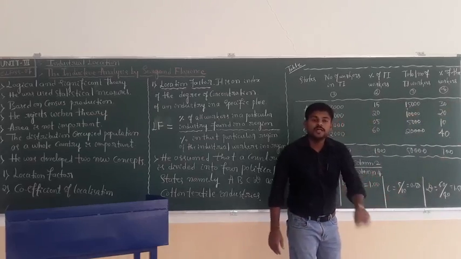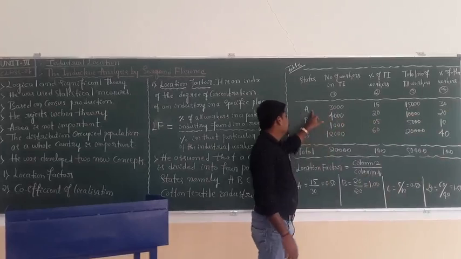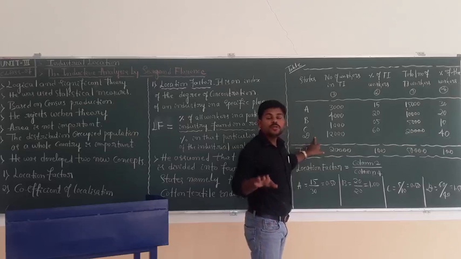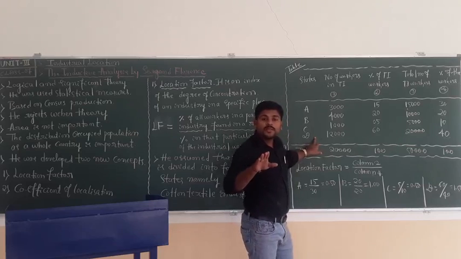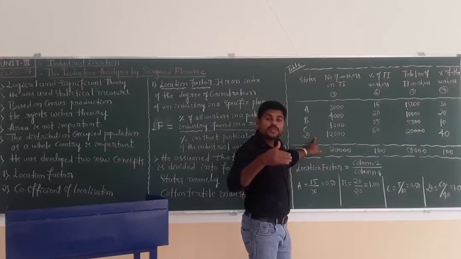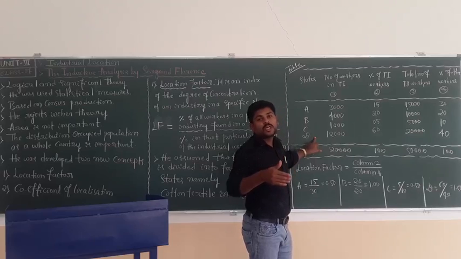Here are A, B, C and D states. These four political division states exist, producing and manufacturing cloth in the textile mills.